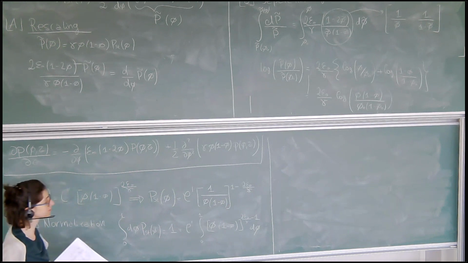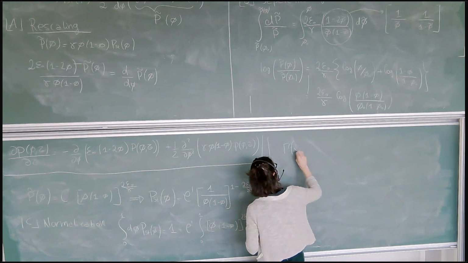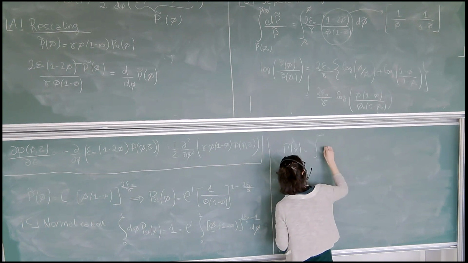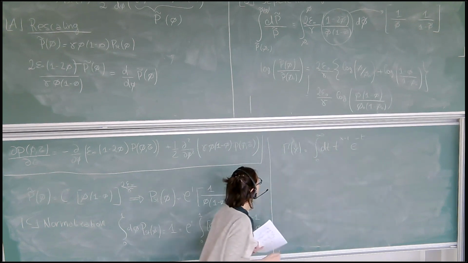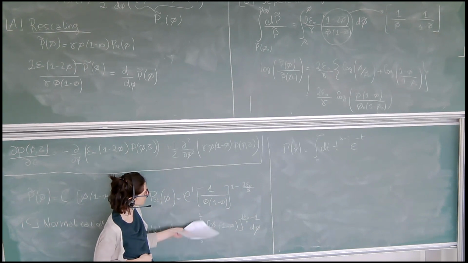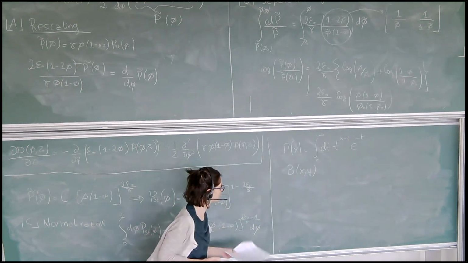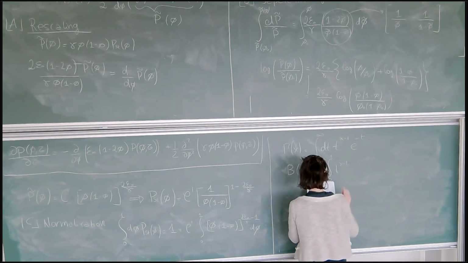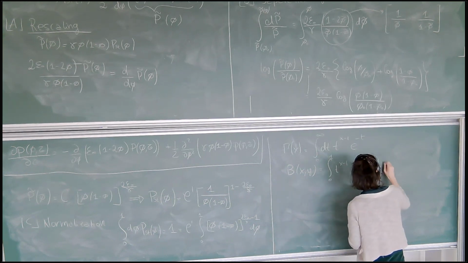So this is an integral that is well known in the literature. It is related to the so-called beta function, which in turn is related to the gamma function. So the gamma function is a function which is defined in terms of the following integral representation: t to the x minus 1 e to the minus t. And the beta function, so anytime you see phi to the x minus 1 times 1 minus x integrated between 0 and 1, it is almost always related to this beta function in here, which is precisely this: t to the x minus 1, 1 minus t to the y minus 1 in dt.